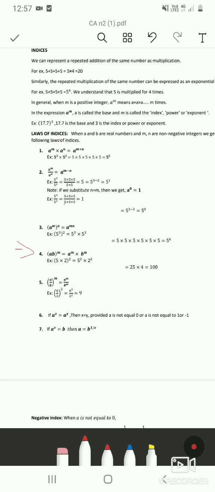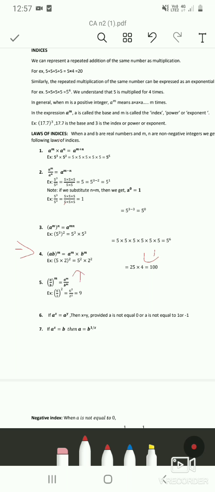Let's move to the next law. ab whole power m can be written as a power m into b power m. So here the example is 5 into 2 whole power 2. You know that 5 2's are 10, so 10 square is 100. But how can you write it as a power m into b power m?